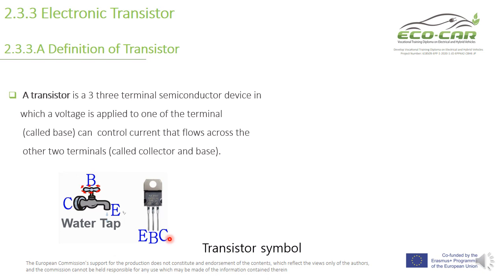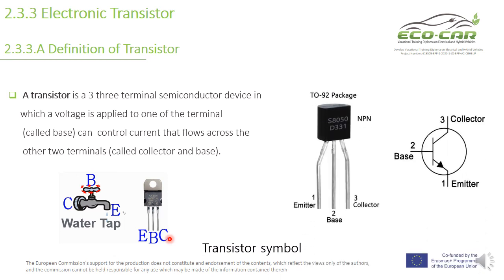This is the transistor symbol. We have three terminals. One is called the emitter, the second terminal is called the base, and the third terminal is called the collector. This is the symbol of the transistor. This is the base, this is the collector, and this is the emitter.